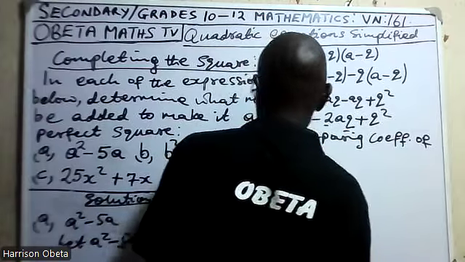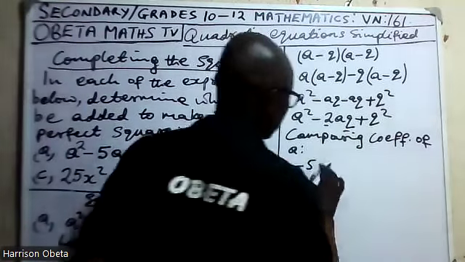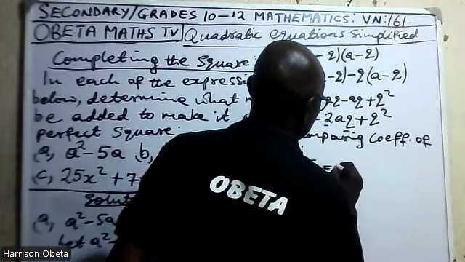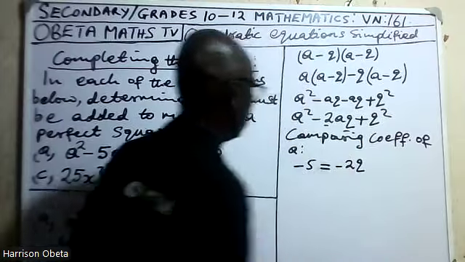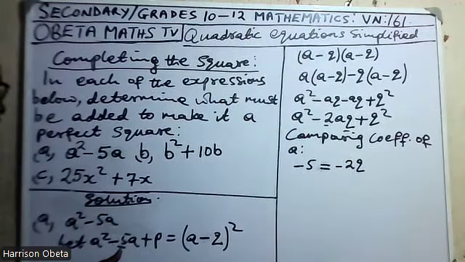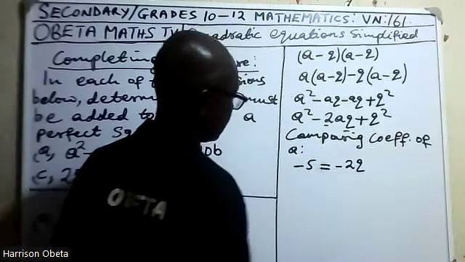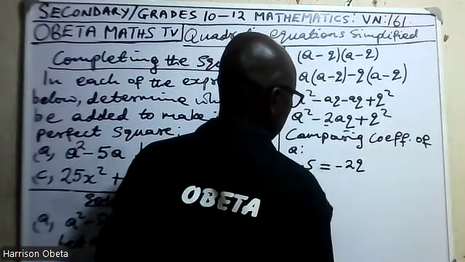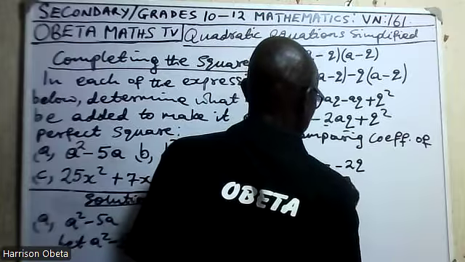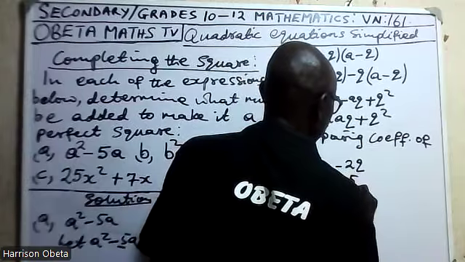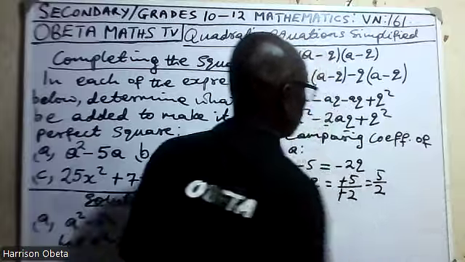The coefficient of a here is minus 5, and the coefficient of a here is minus 2q. And that means that we can easily find q from here. q should be equal to minus 5 over minus 2. You divide, that is 5 over 2.